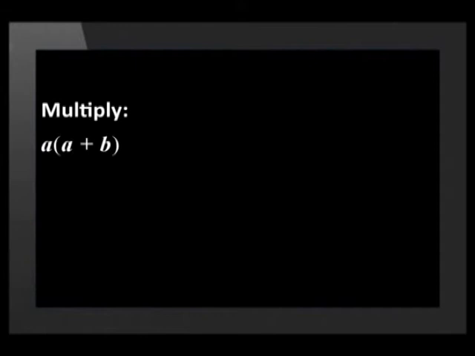Now let's use this thinking to answer the question we have been asked. What do we get when we multiply A by A plus B? It will help us to use a diagram, and in this situation we are going to be using a rectangle. Now remember, the area of a rectangle is its length times its breadth, and we are going to be using this area as a helpful tool in multiplying.